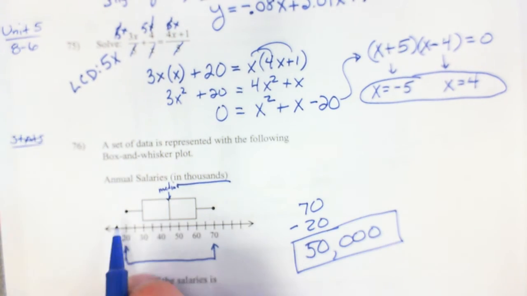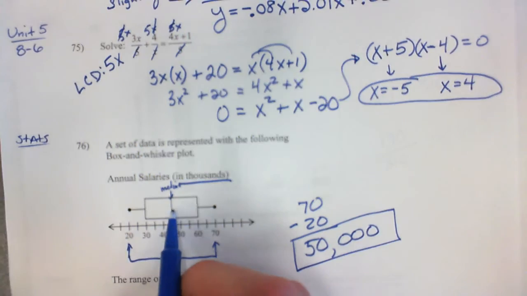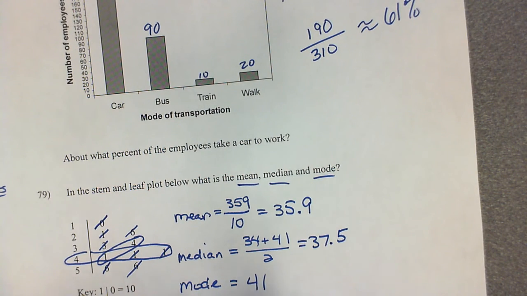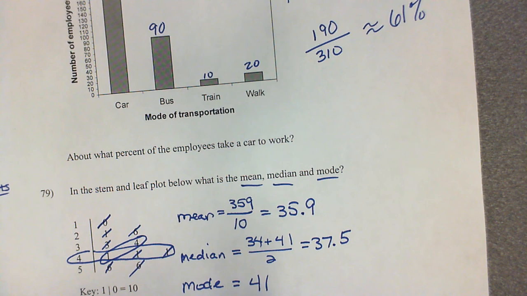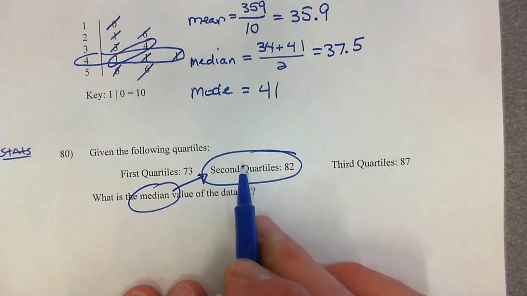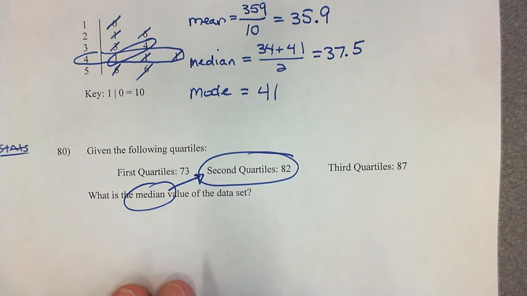Okay, median is the one in the middle. This is first quartile, second quartile, third quartile. So the second quartile is your median.